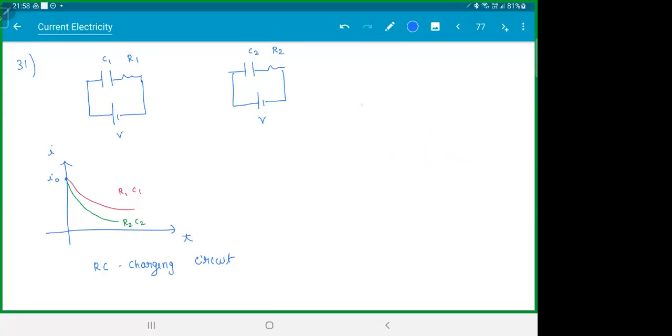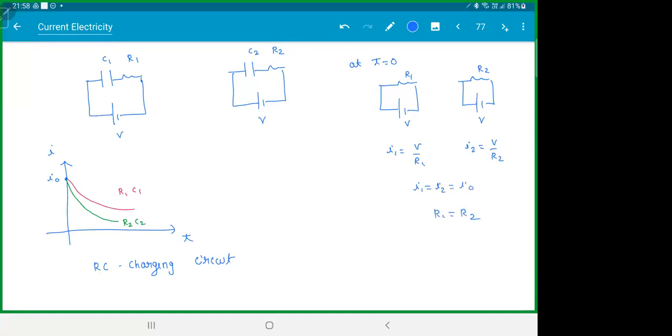So at T0, the circuit becomes like this: R1 with V, and R2 with V. That means the current I1 is V by R1 and the current I2 is V by R2. And you're saying here I1 is equal to I2 is equal to I0. That means R1 is equal to R2. Initially the current is the same.